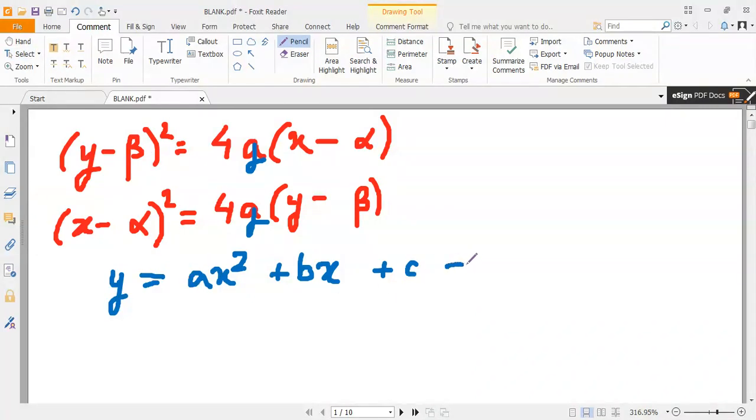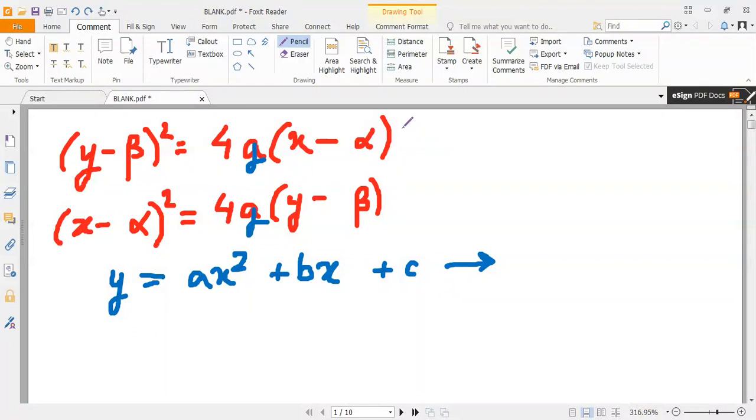Now I have this standard, or general, form of a quadratic equation. I want to express this as a parabola. Note that in this equation y is raised to the power 2, whereas in this equation x is raised to the power 2. In the functional form of a quadratic, I have x raised to the power 2, which means I cannot convert it to this form.